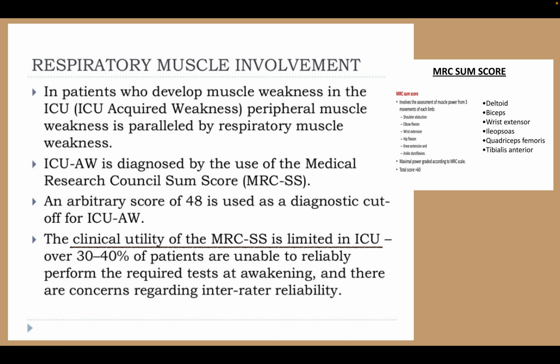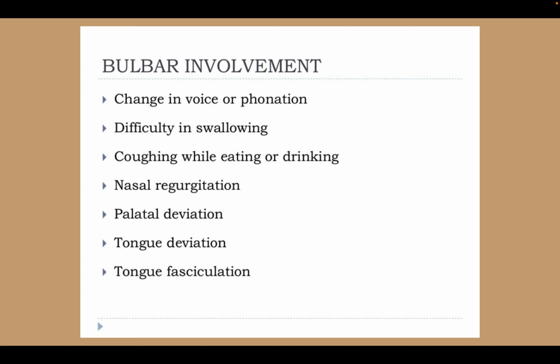ICU acquired weakness is diagnosed using the Medical Research Council sum score, with an arbitrary score of 48 used as the diagnostic cutoff, and the clinical utility of MRC-SS is limited in ICU. Over 30 to 40% of patients are unable to reliably perform the required tests at awakening. So there are concerns regarding inter-rater reliability.